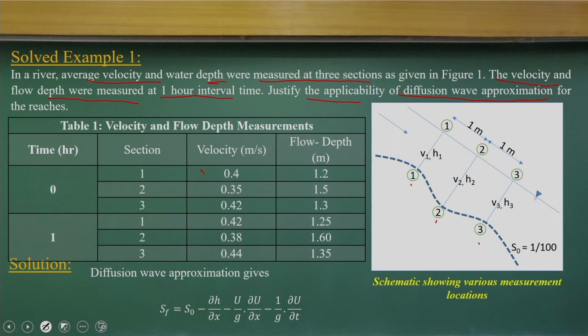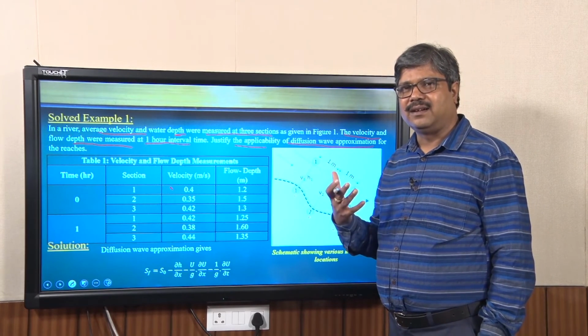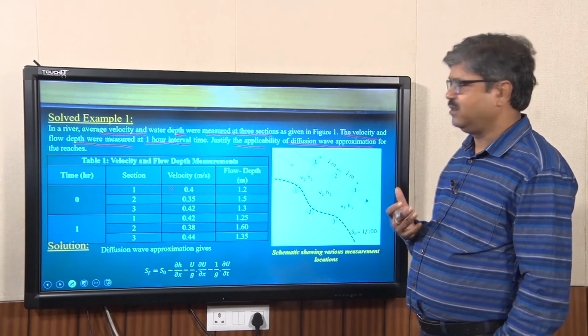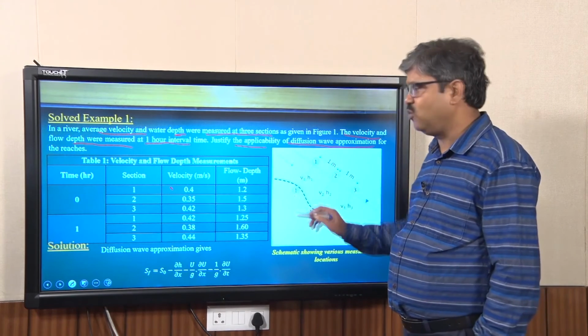Looking at these velocity and depth measurements, we can justify whether the diffusion wave approximation is okay for us. Basically we look at all the terms of the Saint-Venant equations and check whether, considering the velocity and flow depth data, the diffusion wave model is okay or not.